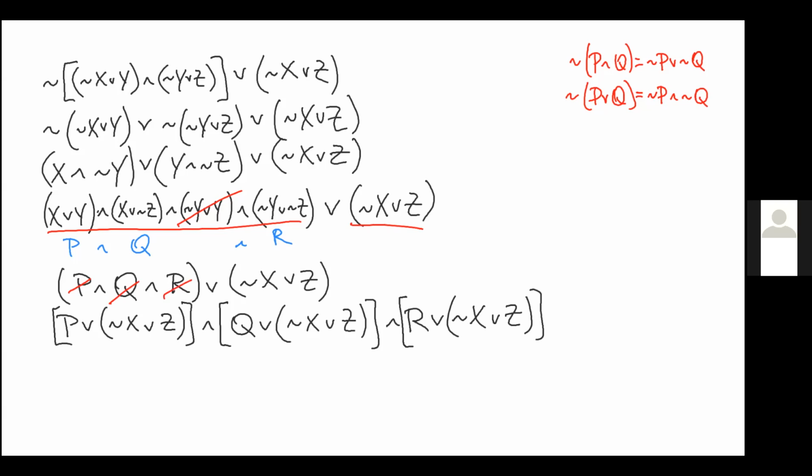And now I could distribute in each of those if I wanted to, but I don't think I'll have to, because let's go ahead and replace P, Q, and R with their assignments up here.